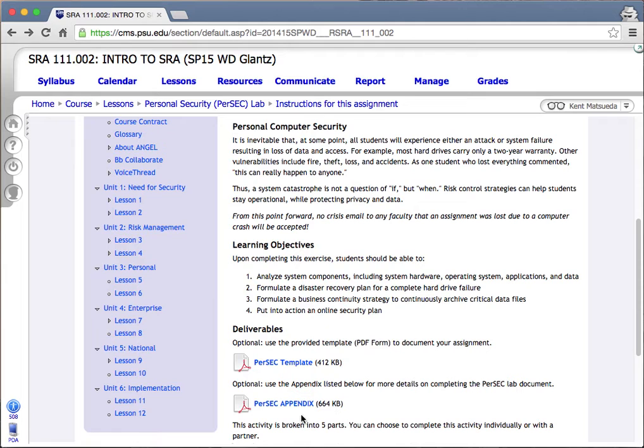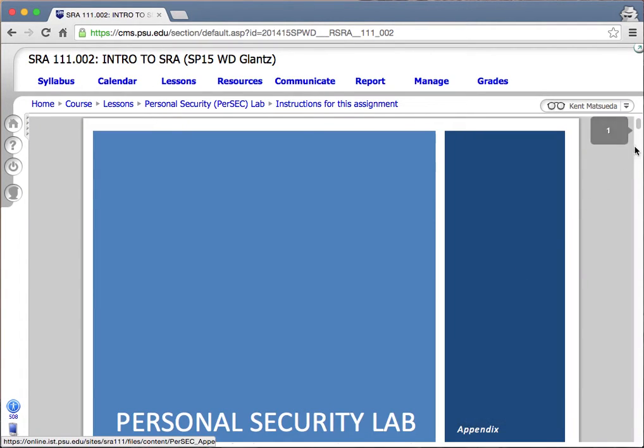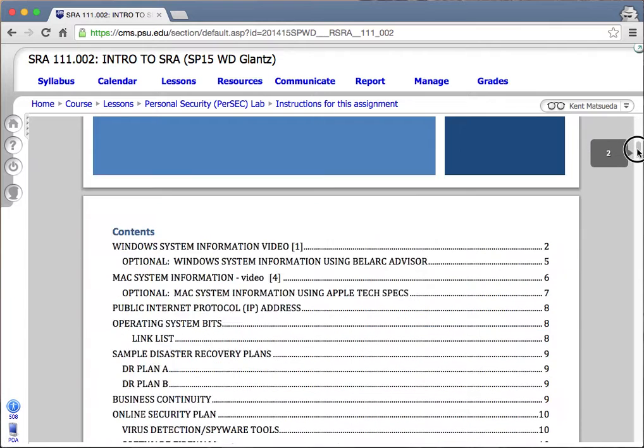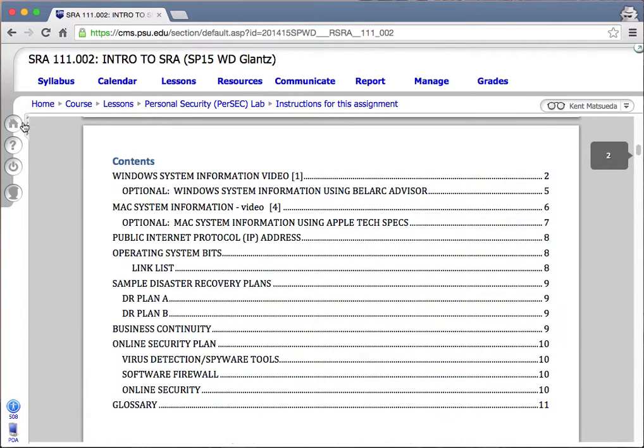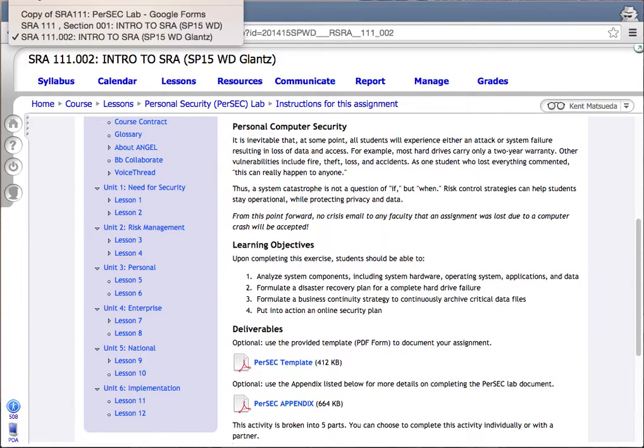But as I went through using this PerSec Lab the first time, I really wanted to expand it in a way where we could get the students talking to one another.